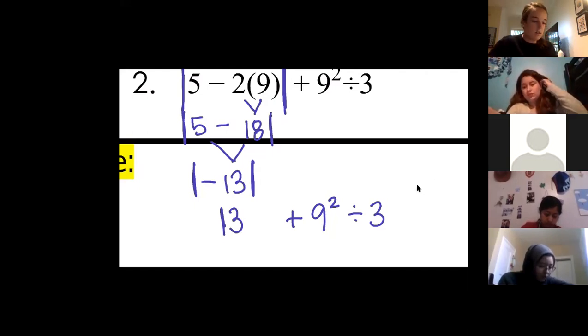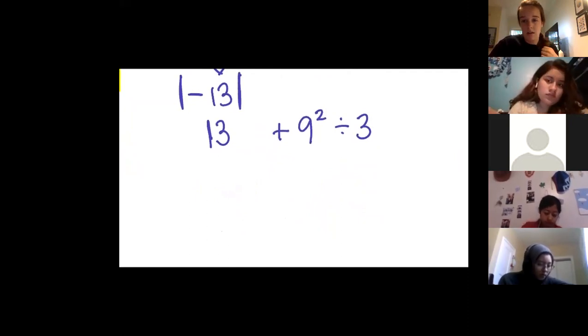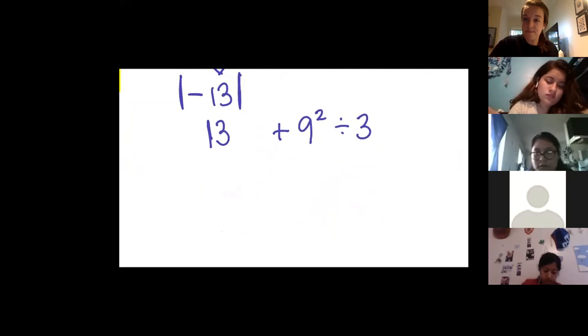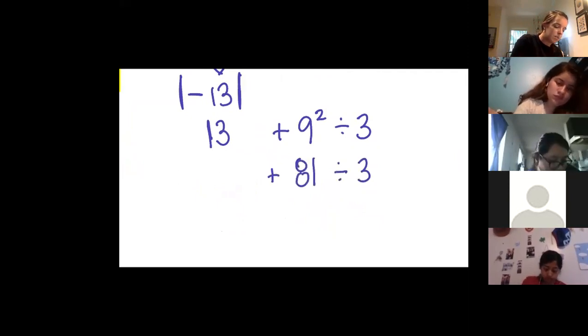What is most powerful here? The exponent. Yeah. So 9 squared, what would that be? 81. So I'm going to leave 81 here. And then I'm going to bring down the divide by 3, positive, and the 13. What's the most powerful here?